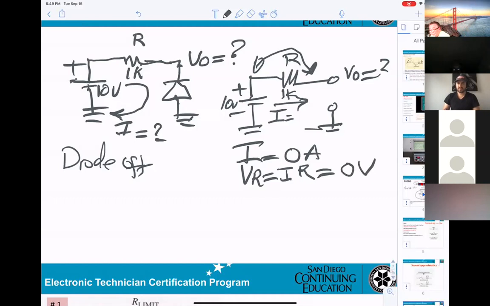Okay? And now you get 10 volts on this side, and basically they drop 0. The other side must be 10 volts. They don't drop anything.